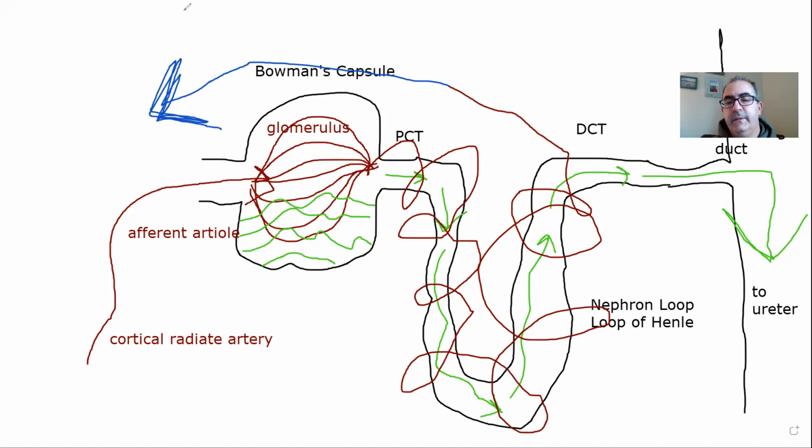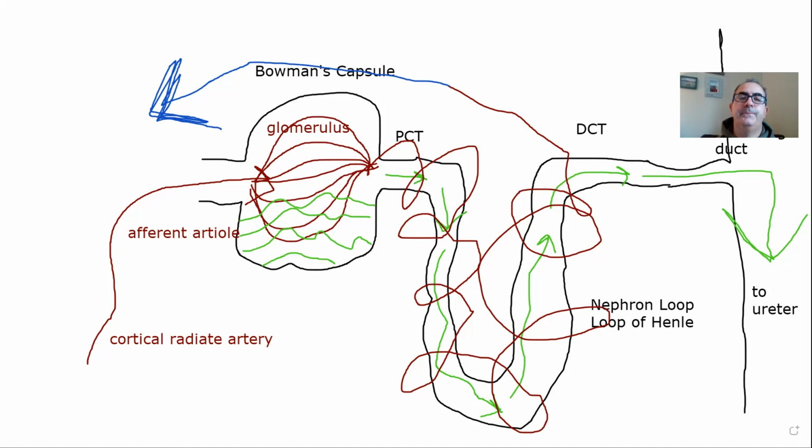The nephron itself has a really thin layer of cells. The capillaries have a really thin layer of cells. What that allows for is for things to filter from the nephron into the capillary. So as this fluid that I've drawn in green is moving through this nephron, the blood is able to reabsorb some of the glucose, some of the water, some of the sodium, some of the potassium, right? It's able to reabsorb some of those nutrients because too much got filtered out here, right?